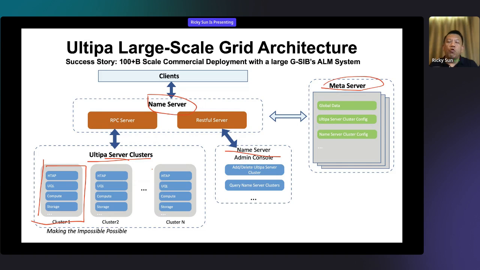But overall, the name server does not handle the large share of the data processing, right? So the name server's workload is not that high anymore. This is very much unlike Hadoop, the classic MapReduce case. So there is some kind of acceleration mechanism.